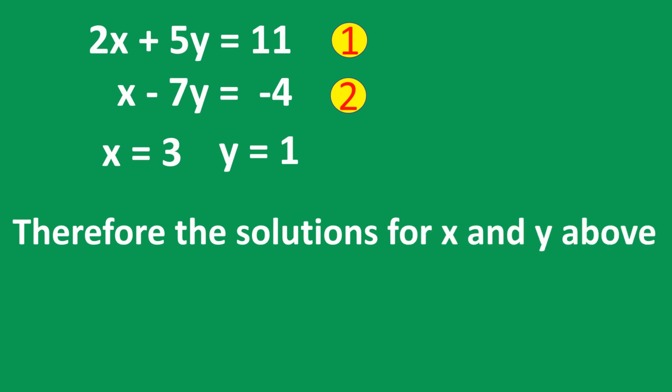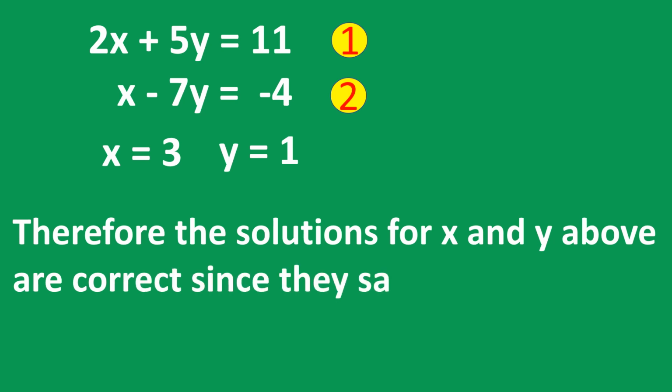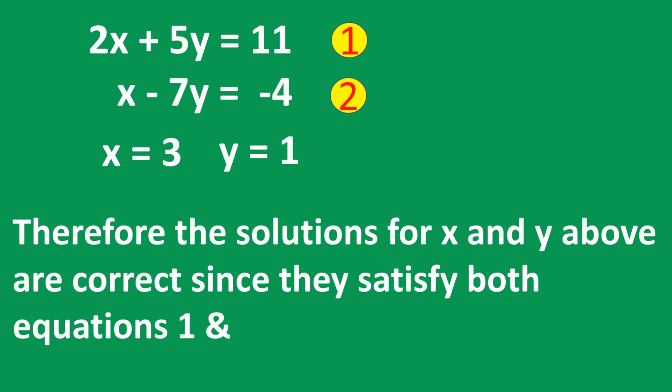So therefore the solutions for x and y above, that is x is equal to 3 and y is equal to 1, are correct because they satisfy both equations 1 and 2.